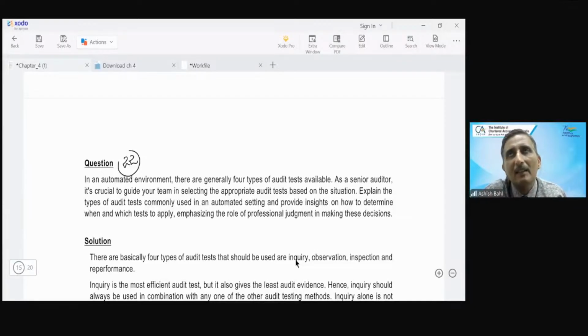Automated environment means which is system driven, where almost all the activities are system driven. Okay, so which are the tests, which are the procedures which are performed by the auditor in an automated environment? Anyone?